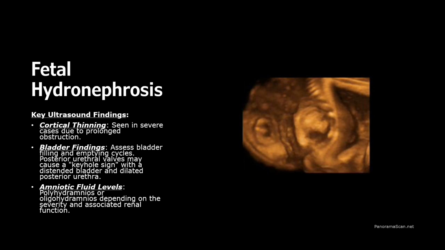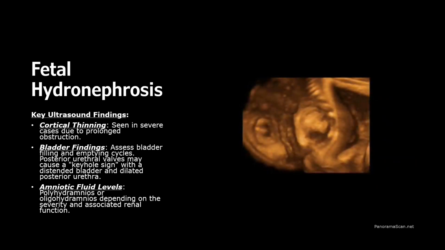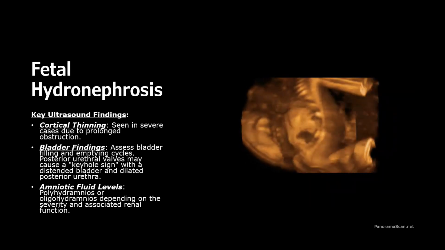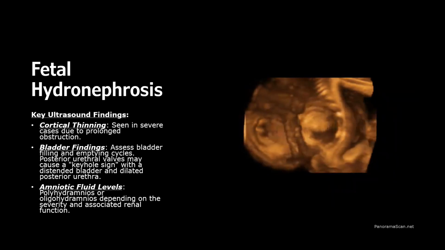On the other hand, oligohydramnios, which is more common, can occur if there is significant renal failure or compromised kidney function. These findings help us assess the severity of the condition and guide our management decisions. So it is crucial to keep an eye on both the structural and functional aspects of the renal system.